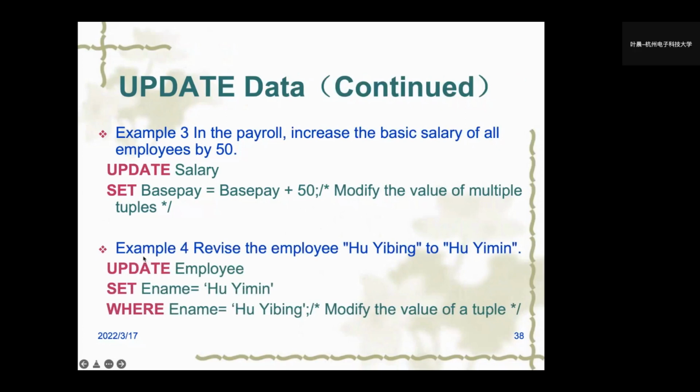And another example, if we want to revise the employee name Hu Yiming to Hu Yiming, we can use the following statement. We can use update employee, and we need to set the name to Hu Yiming, where the condition is if its name is Hu Yiming.